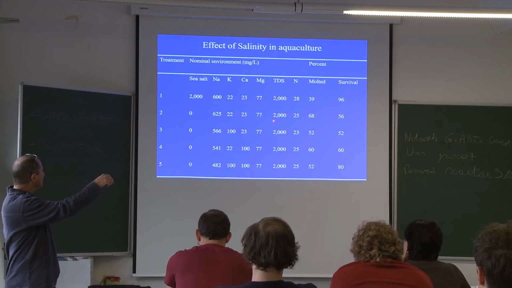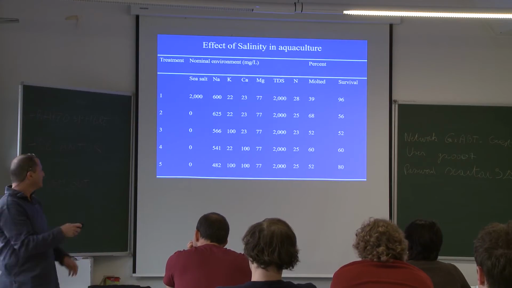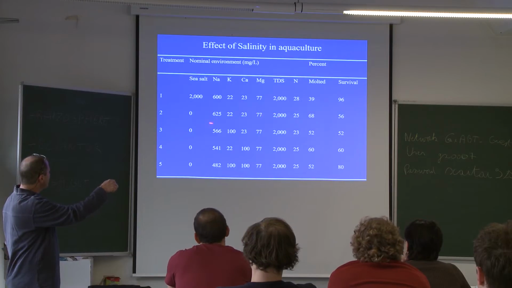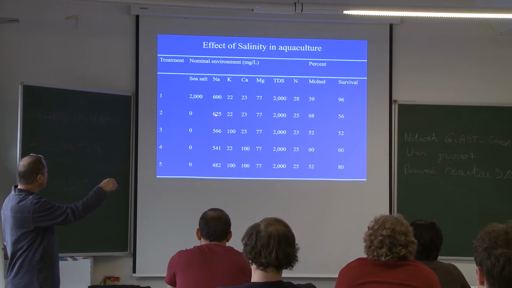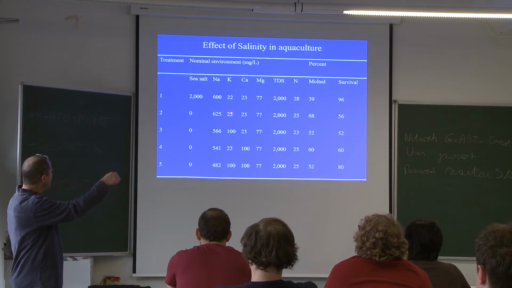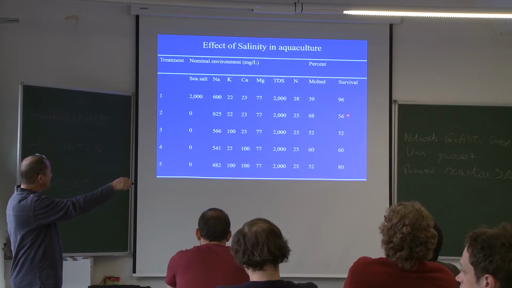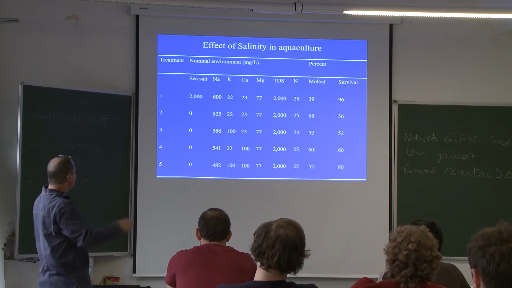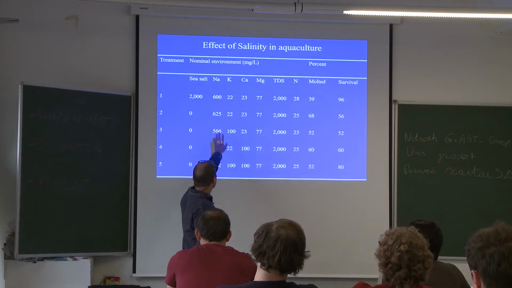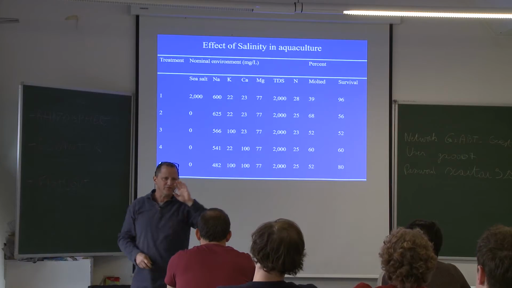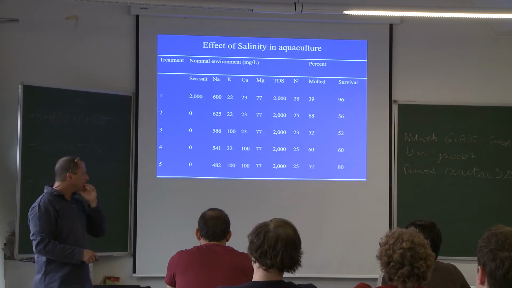Okay, when we composed our own salt solution, which was fairly similar in terms of major ions to the original seawater, we already got much less survival, and we started playing with the ratio of potassium and sodium. We got all kinds of survival rates in these trials.